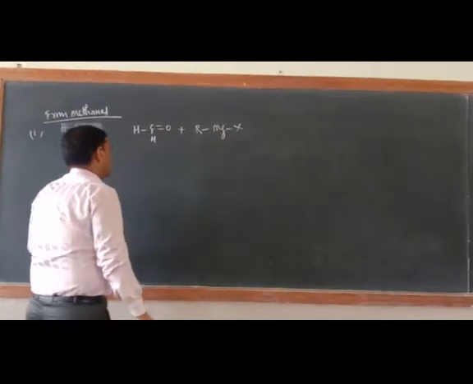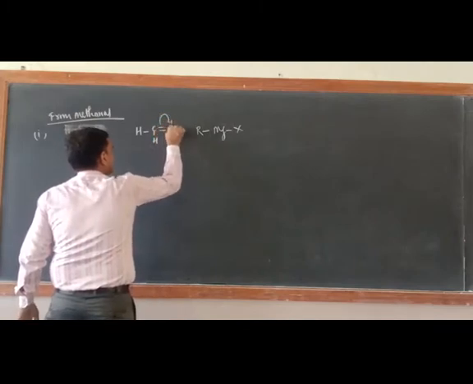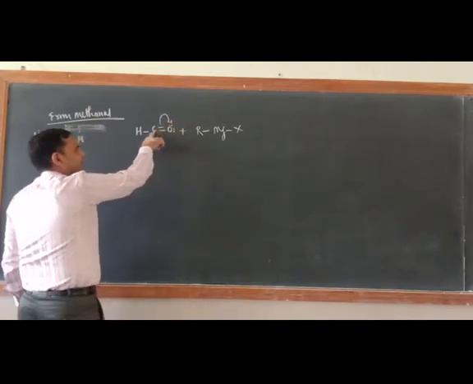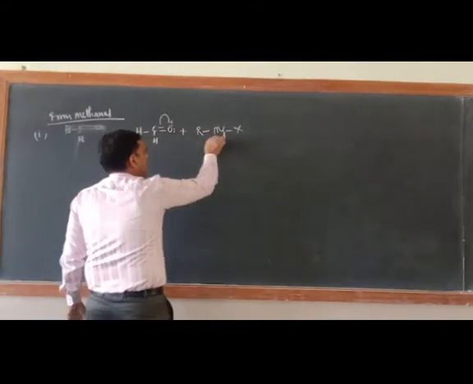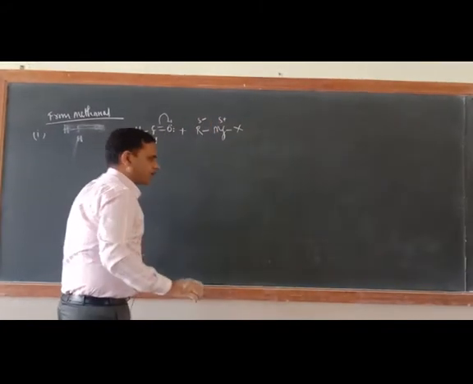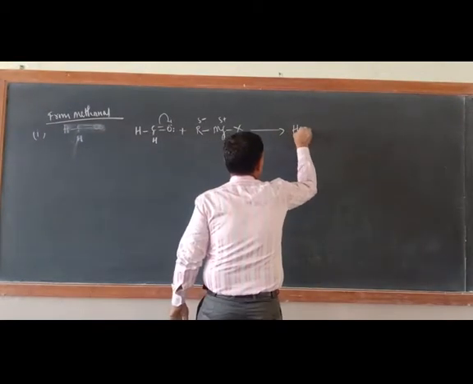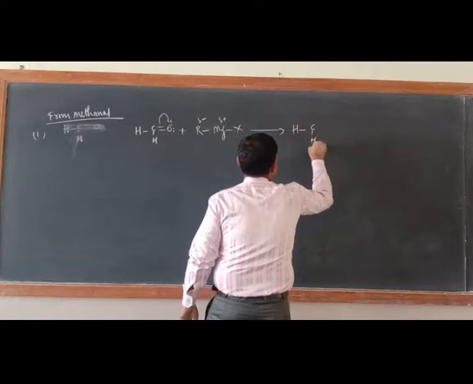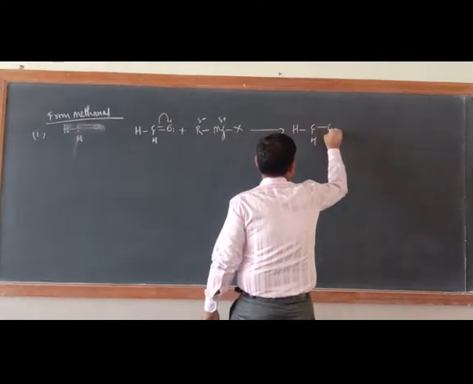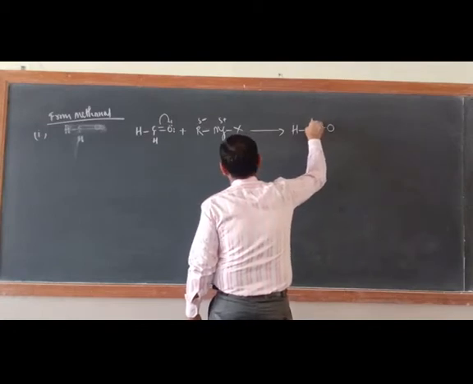The first step is to shift this bond here, because oxygen is more electronegative than carbon. This is slightly positive, this is slightly negative. So if it is polar, it would be like HCH single bond O, with one valency of carbon left free.